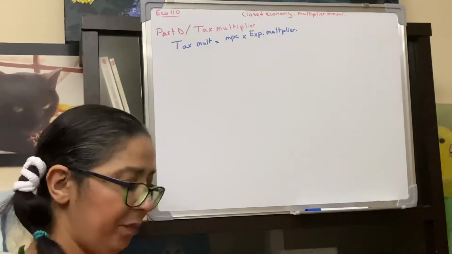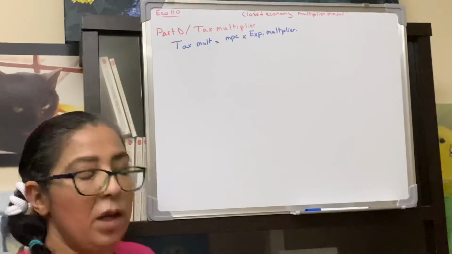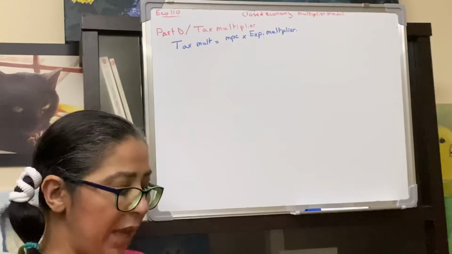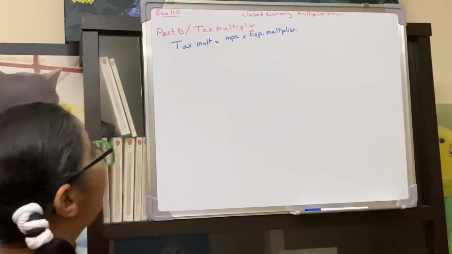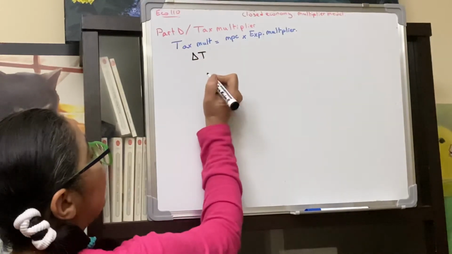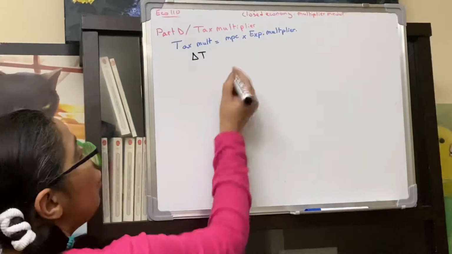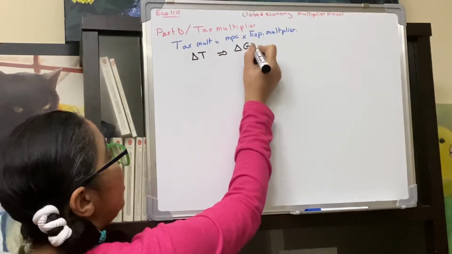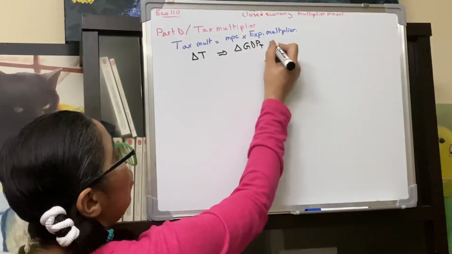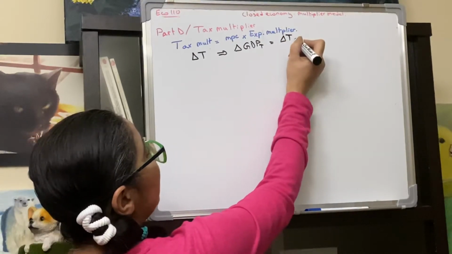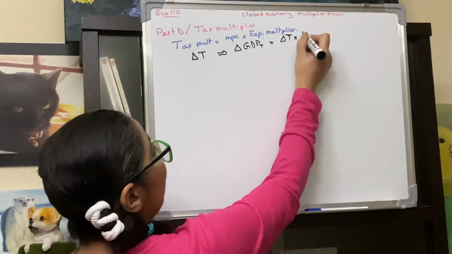Okay, guys. So, how are you going to find the new GDP? First, you need delta T. Once you find delta T, you need delta GDP due to T, which would be your delta tax times the tax multiplier.